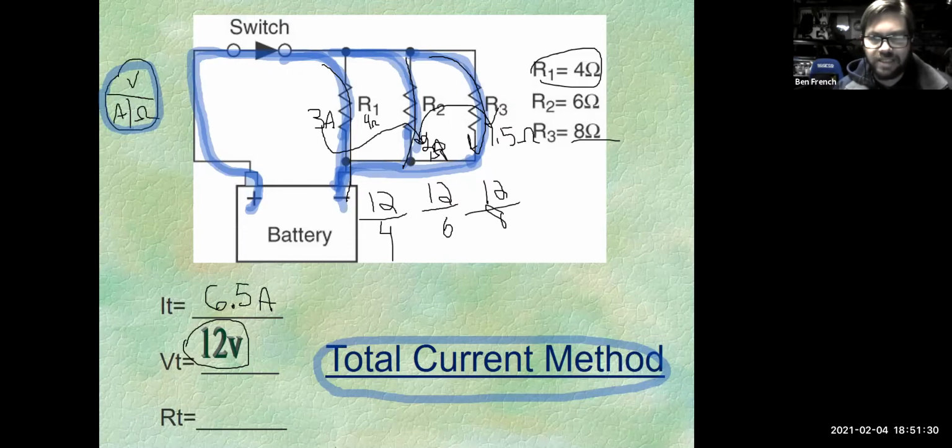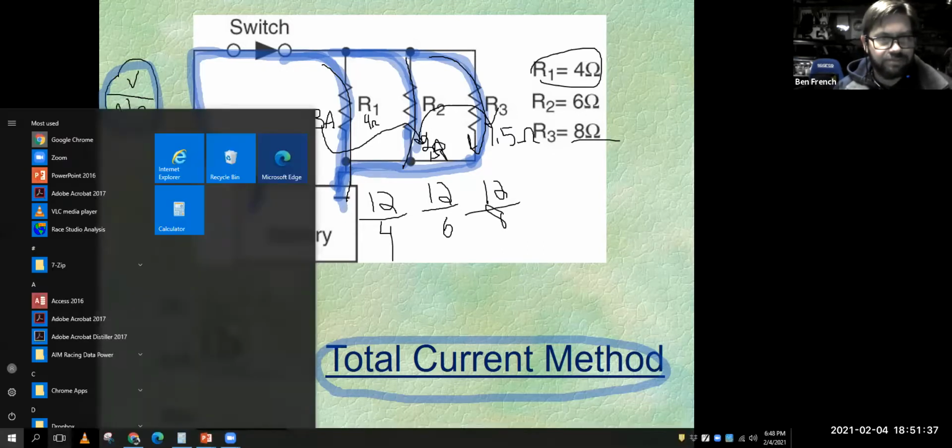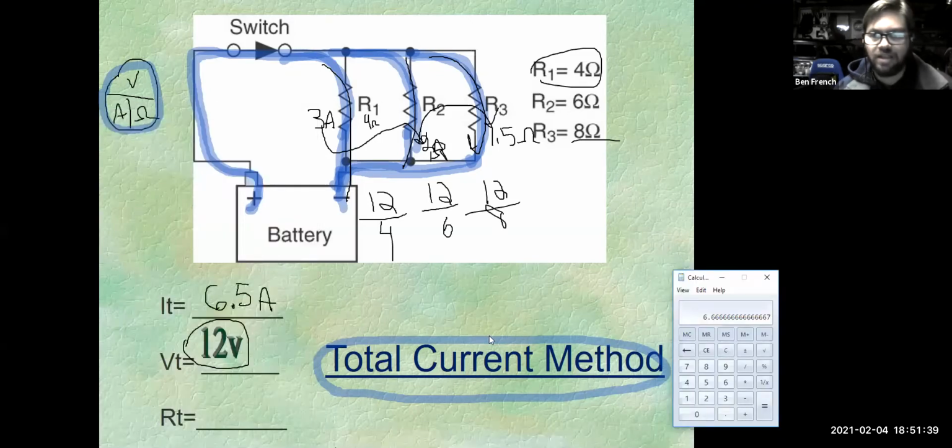So now the next thing that happens here is I'm going to clear this out, because now what does Ohm's law tell us? Well, Ohm's law says, hey, if I know my voltage and I know my current flow, I can figure out my resistance.